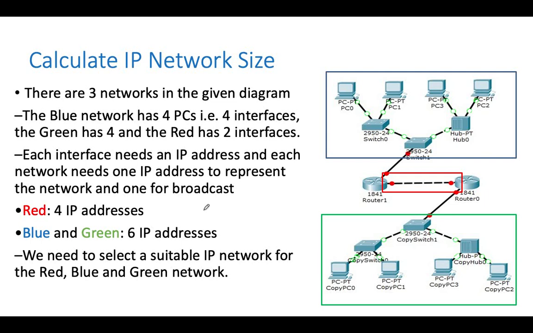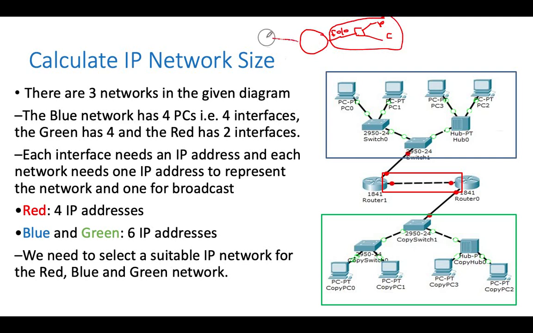For example, if I have a router like this, and I have an interface here, FastEthernet 0/0, which links to a switch, and that switch has PCs and whatever, that is one network, which has a subnet and a gateway, which is the FastEthernet interface.